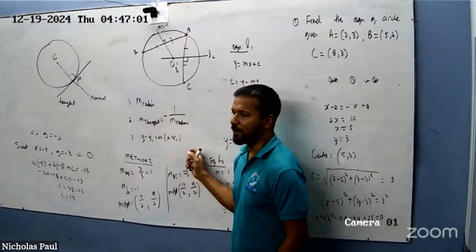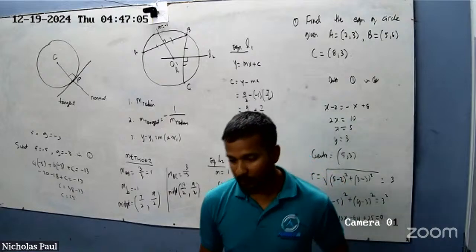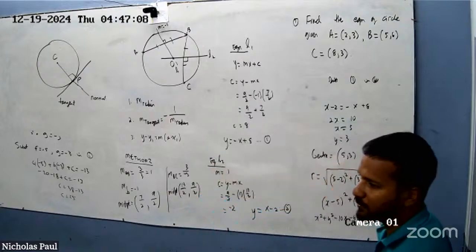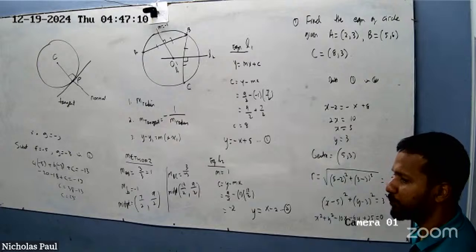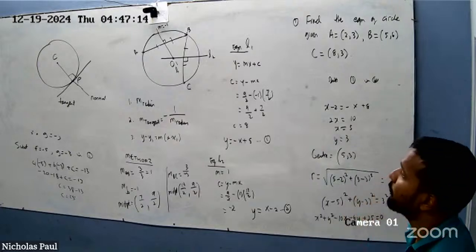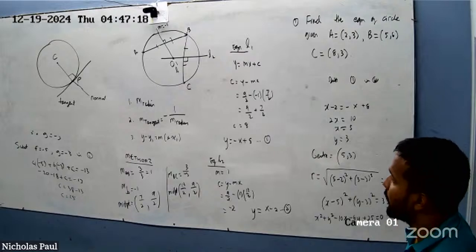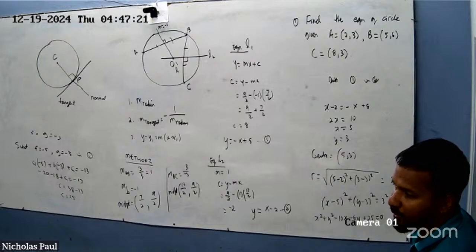And then step three, use the equation of the line to find C, the y-intercept. That's step three.